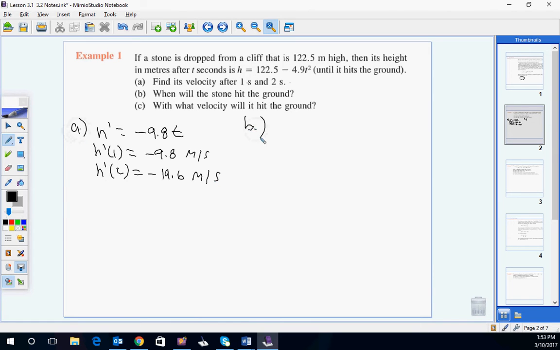So B, when will the stone hit the ground? What does the ground represent? Yeah, 0. And that's from the original equation. We have nothing to do with velocity. Velocity's not going to help us find when it hits the ground. So we're going to set this equal to 0, move this over, divide by negative 4.9.